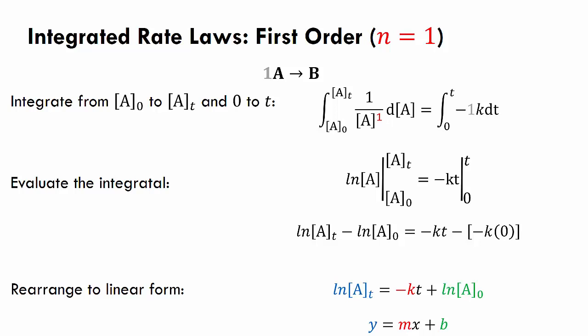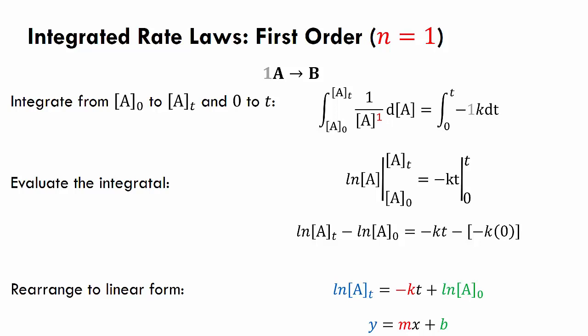If we were to plot the natural logarithm of our concentrations of A at any time t as our y values and our time t as our x values, we would again get a linear plot, this time where the slope m is equal to the negative rate constant k, and our y-intercept b is the natural logarithm of the concentration of A at time 0, our initial concentration of A.